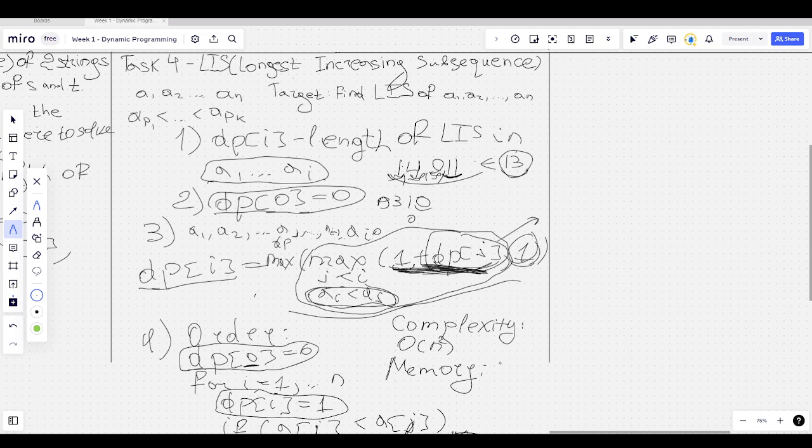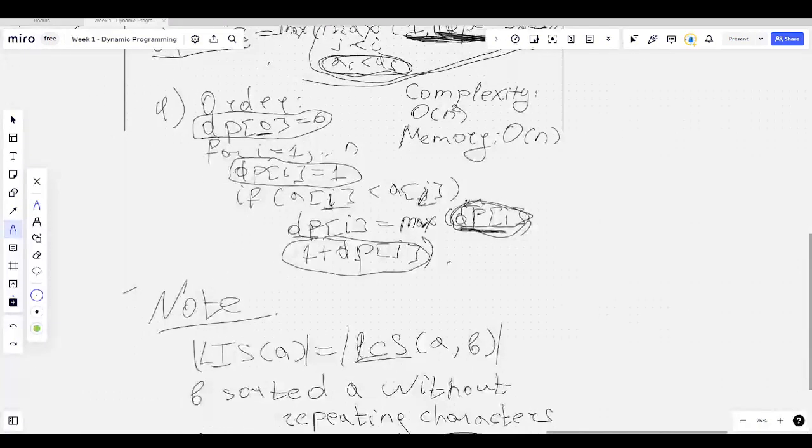The memory will be O(n), and it can be improved because in this task we need to know all the answers, all the dp g, on each iteration.